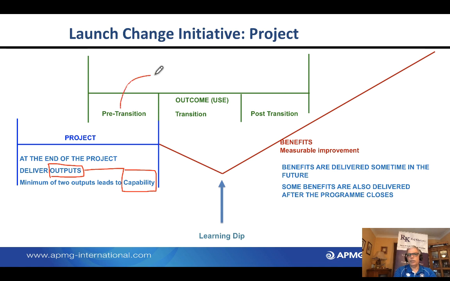We want them to transition from using the bucket to using a shower unit, which is referred to as an outcome. And we mustn't confuse the word outcome with the word output. Once we've transitioned, we then start to deliver these benefits, which are measurable improvements.